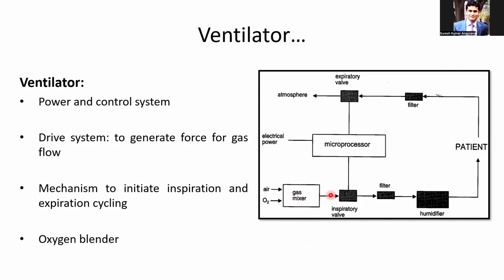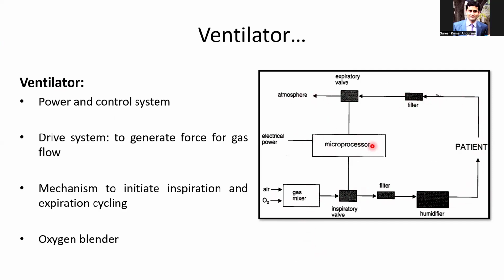Then this gas mixture passes through the inspiratory valve, inspiratory filter, and it goes to the humidifier, from where it goes to the patient through the inspiratory limb of the ventilator circuit. From the patient, the expiratory gases go through the expiratory filter to the expiratory valve and then to the atmosphere.